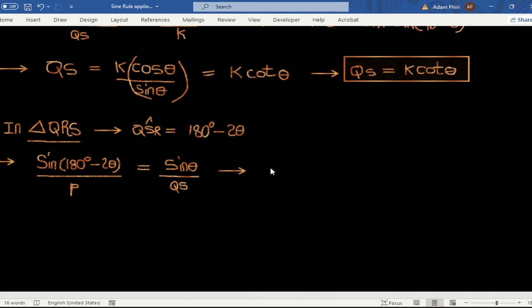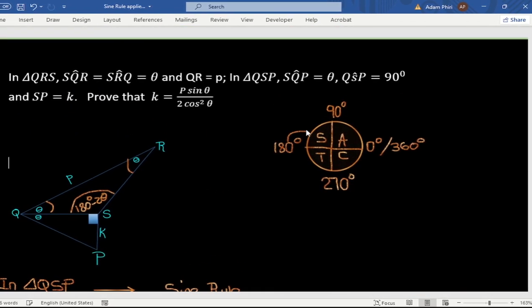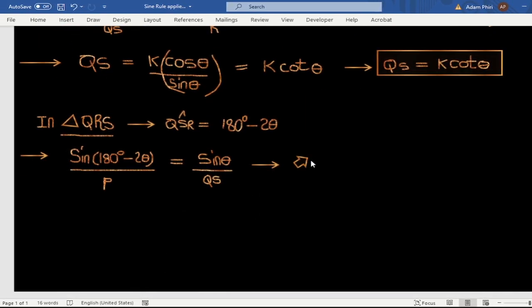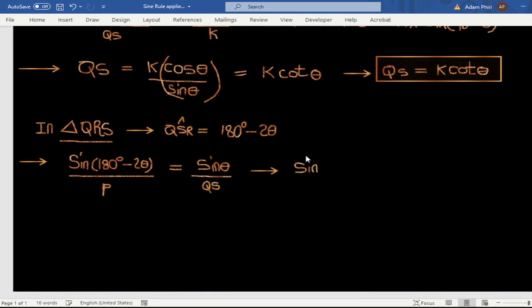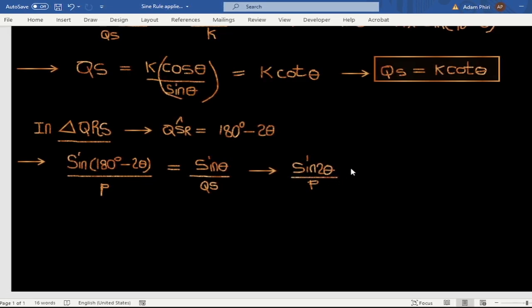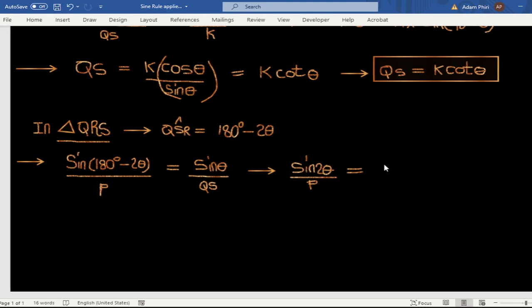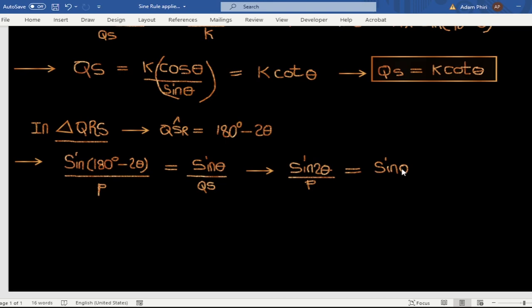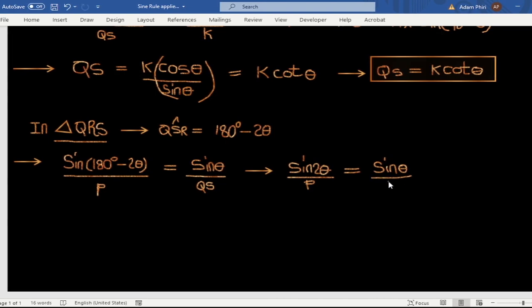And then we need to solve for that. Sine of 180 minus 2 theta goes back to sine, that's positive, so it's going to be sine 2 theta. So sine of the double angle over P is equal to sine theta over QS.